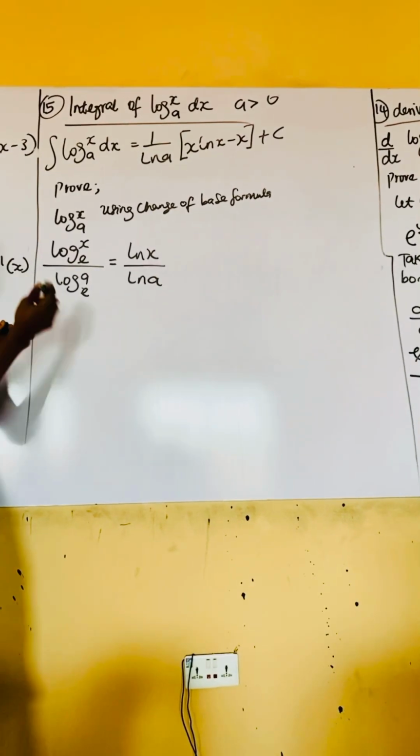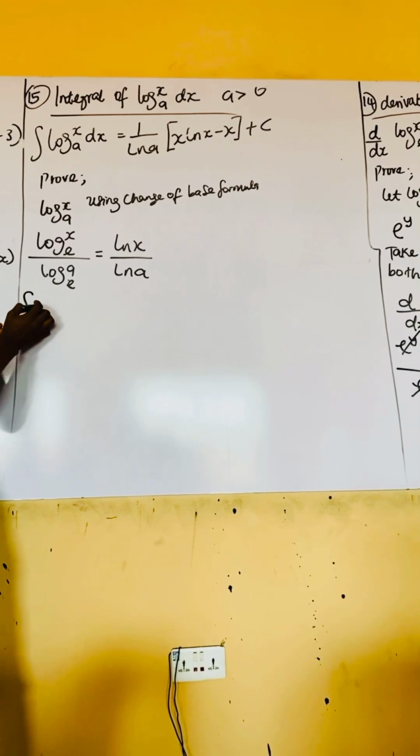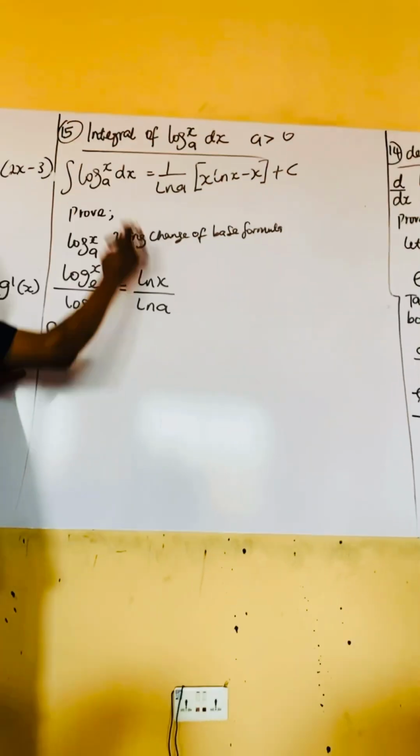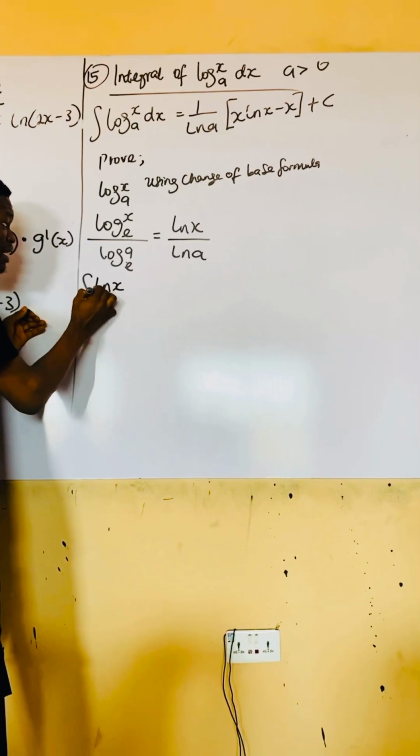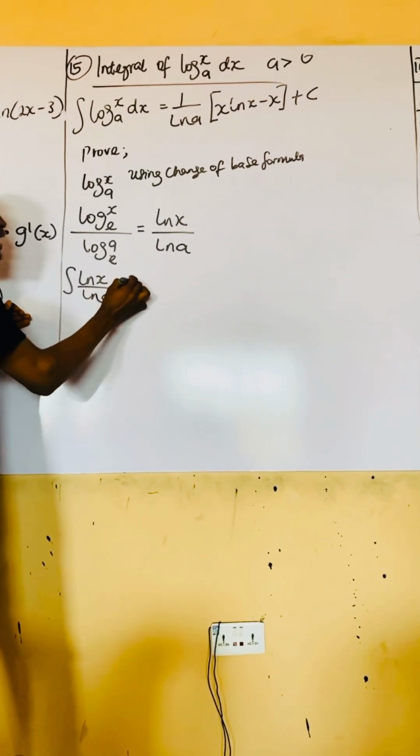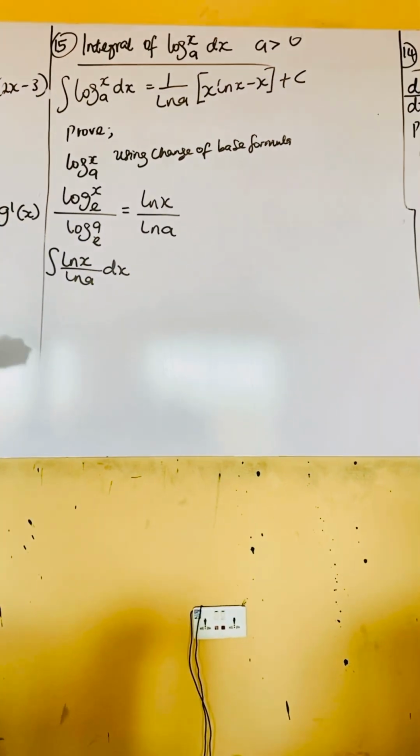So we can now take the integral. Instead of writing the earlier form, we put the integral of ln x over ln a.